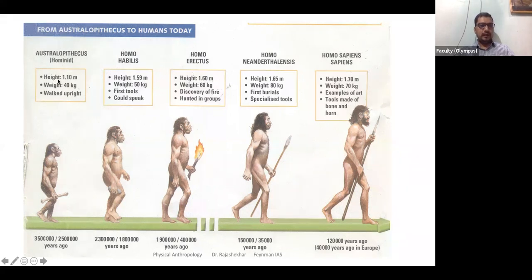Some aspects of height have changed: 1.1 meters to 1.59, 1.6, 1.65, to the current day, approximately 1.7 meters. Weight has also changed: 40 kg to 50, 60, 80, and approximately 70. A bit of an adjustment from Neanderthals to us.